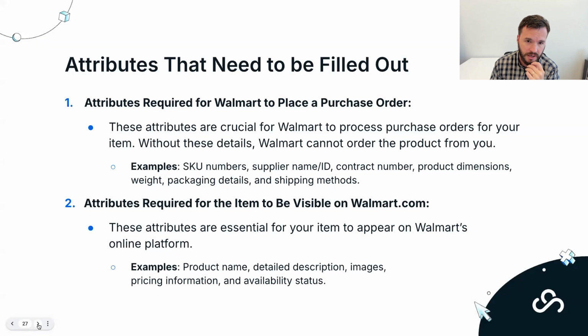So there are a lot of attributes as well that will help create as much data for the Walmart side of things to be able to understand exactly what this is. We talked about the SKU number, we talked about the supplier name and ID number, but a contact number, the product dimensions, weight, packaging details, and shipping methods, all of these are also intimately connected to different parts of the supply chain.